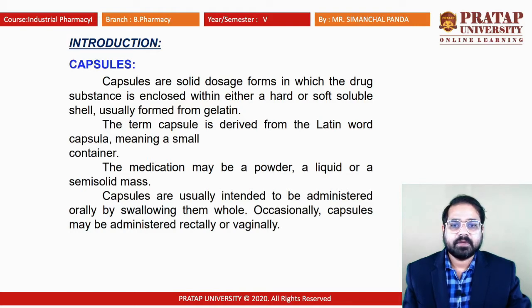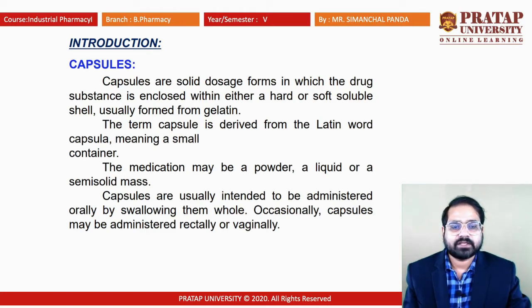The medication may be a powder, a liquid, or a semi-solid mass. Capsules are usually intended to be used orally, swallowed whole, or occasionally administered rectally or vaginally. Basically, capsules are unit dosage forms in which the active ingredient and the excipient are added together and sealed inside the gelatin shell.